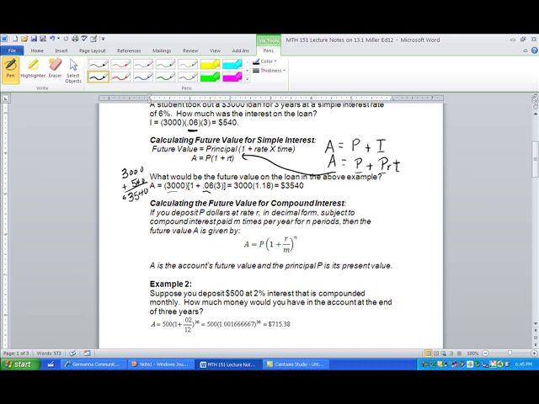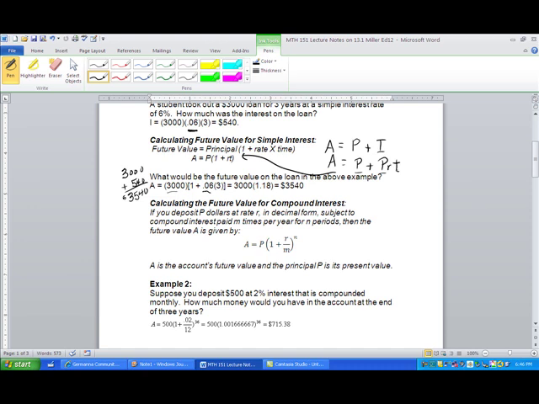So what we're looking at in this formula is if you deposit P dollars at rate R, and again, R is the annual rate of interest, in decimal form, subject to compound interest paid M times per year for N periods, then the future value A is given by A equals P times the quantity 1 plus the rate divided by M. So what's happening, M times a year, if it's being done quarterly, you would divide by 4 because that would mean 4 times a year.